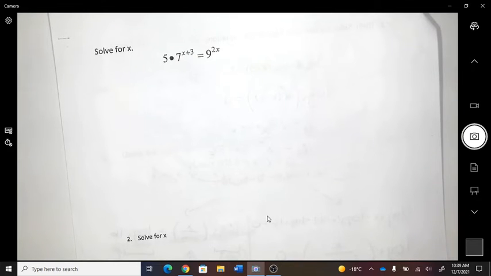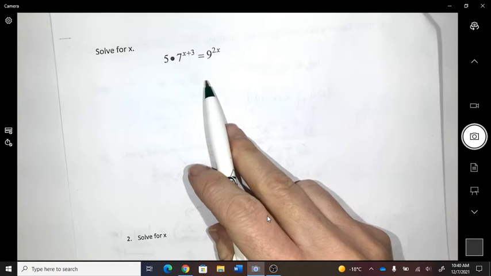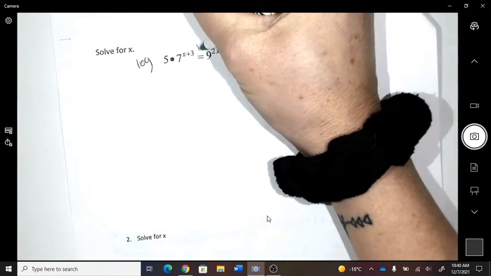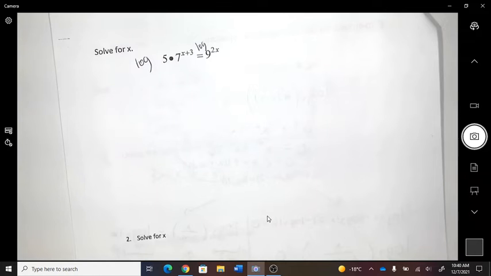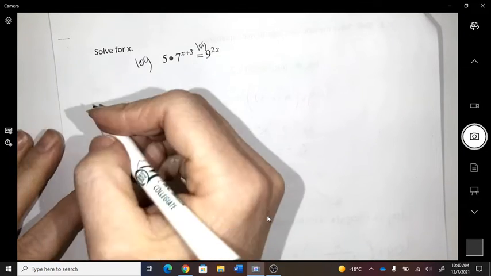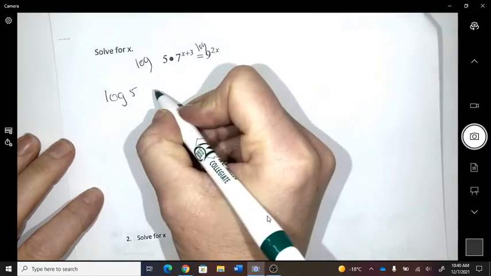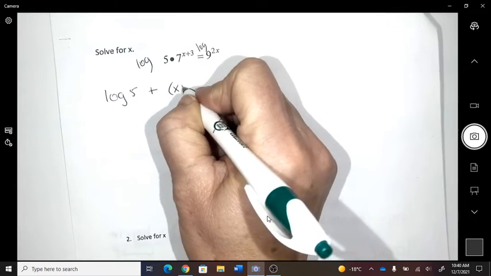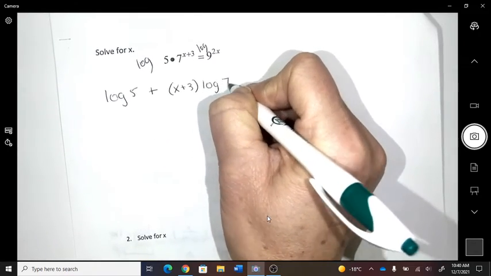How do we solve something that looks like this one? I definitely cannot put the same base in this one, right? Can't write that way. So the only other way to get an exponent solved for is to log both sides. So I'm going to log both sides. We have to use all those rules. So log 5, the multiplier splits, add, exponent in the front.